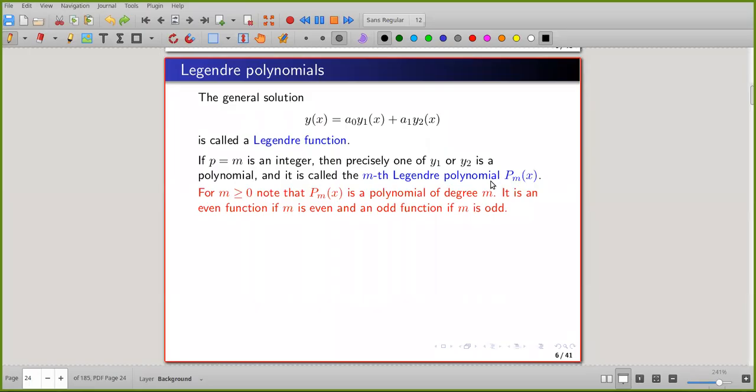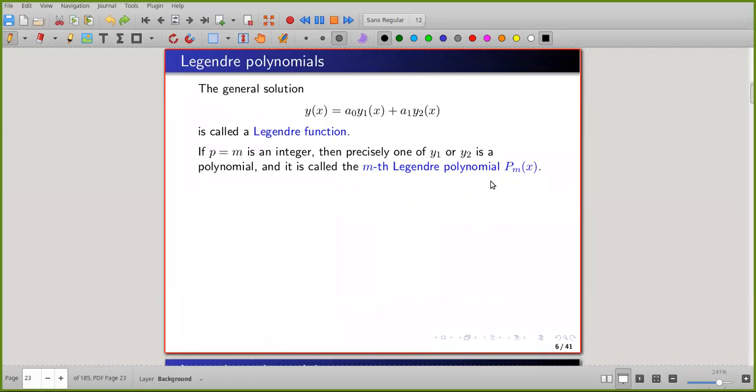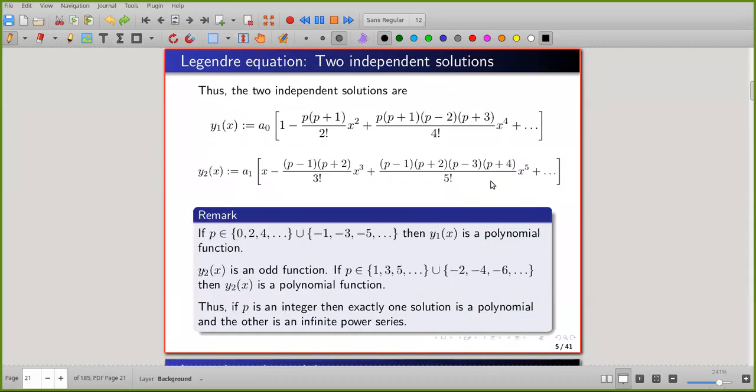We can try to see this for the first few m, maybe small ones. So we have to take m greater than or equal to 0, and we have to look at P_m(x). Here m is p, so p is equal to m.